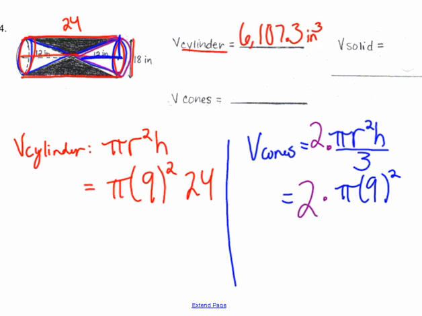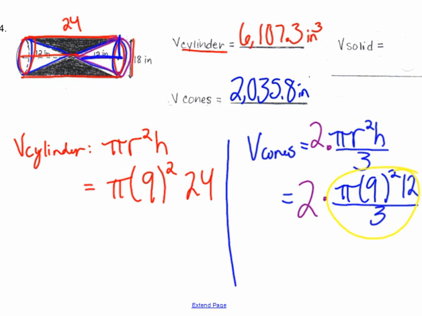So don't do 24 again, it's the height of 1, so that's going to be 12. And then I divide that by 3. So essentially I figure out what this all equals, and then I multiply it by 2. When I do that, I get 2,035.8 cubic inches.